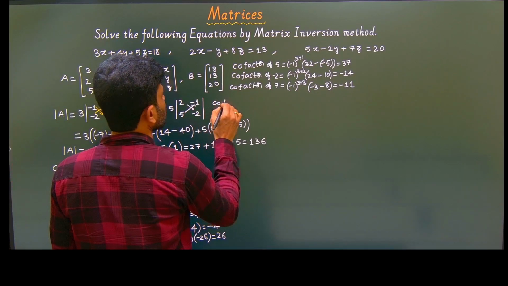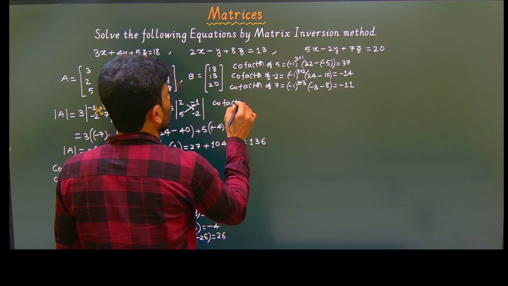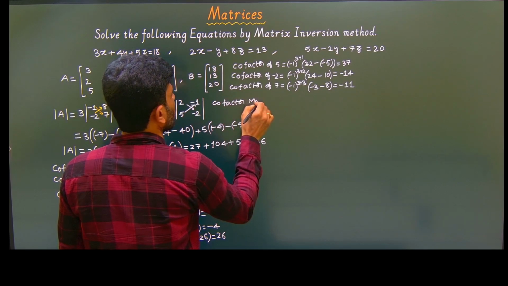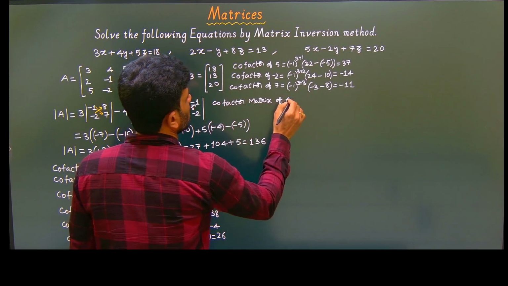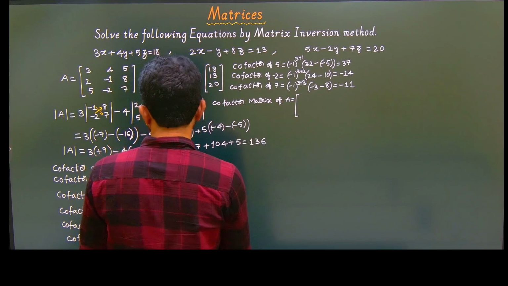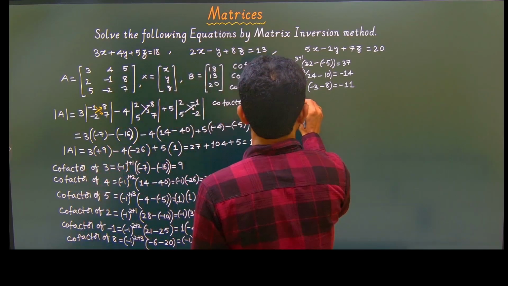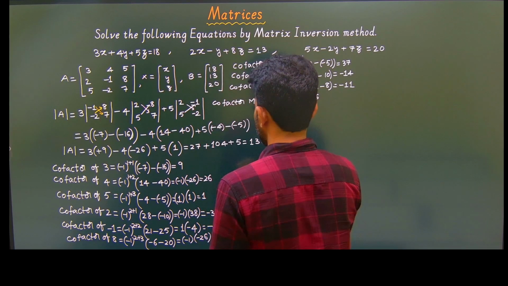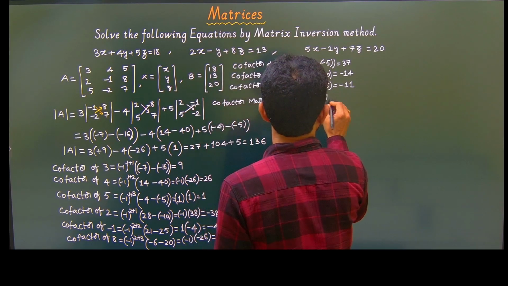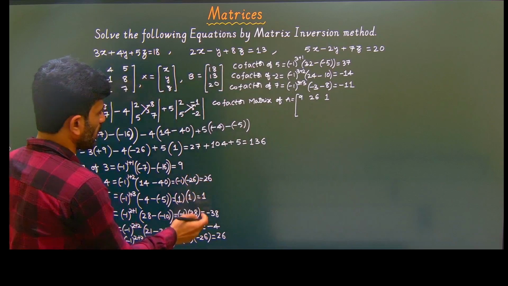Now we have to write cofactor matrix of A. After we are finding all the cofactor elements, we have to find cofactor matrix of A. In this we will write all these cofactors in the matrix, that is 9, 26, 1.